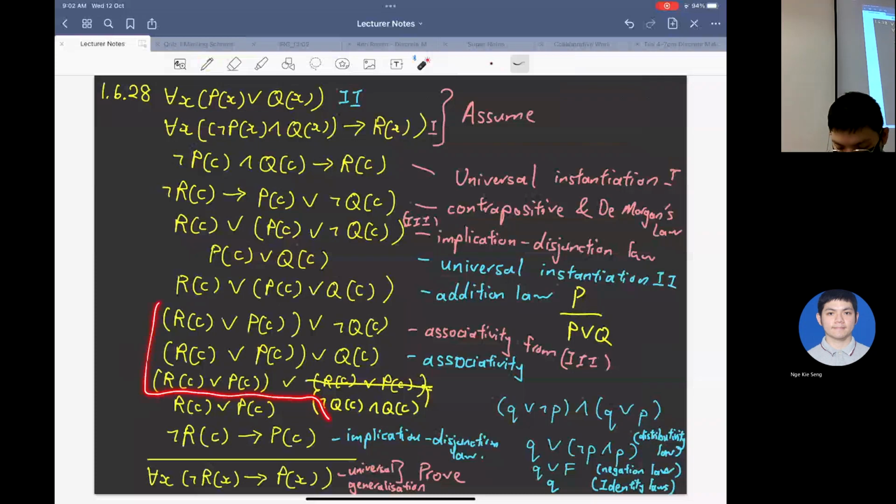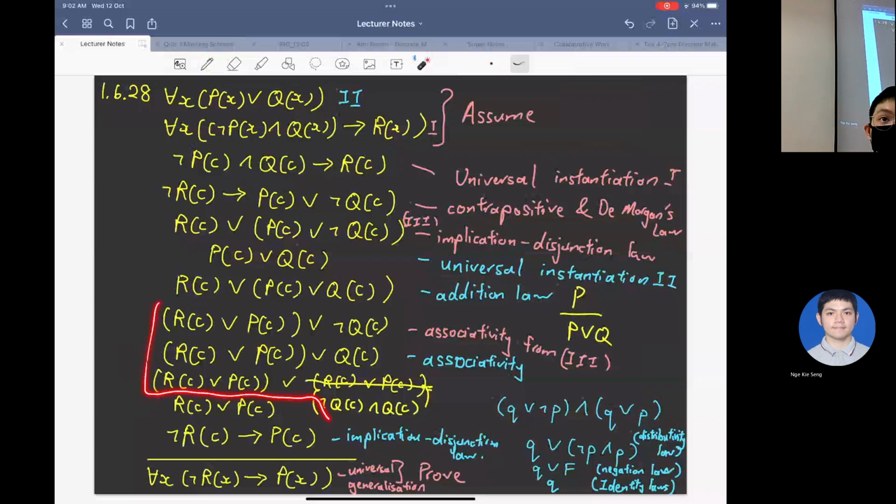After you apply the distributivity law, you'll realize you get a contradiction. Then you use the identity law to remove the contradiction, and then you will get what you want. I will update the notes.